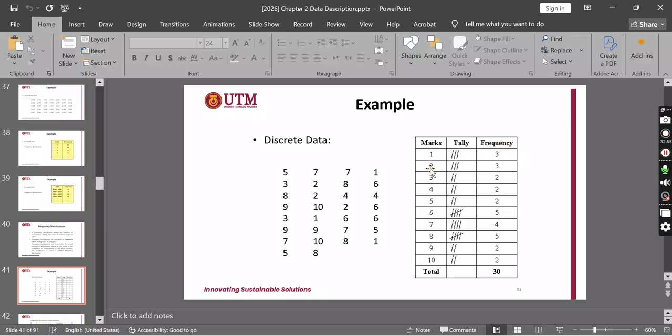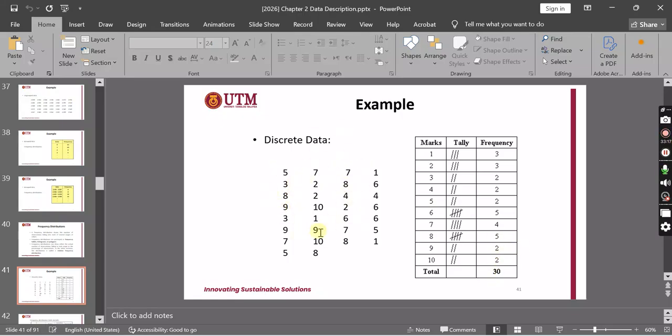How many 2s do we have? We have 3 twos. 1, 2, 3. Also 3. And so on for the other numbers. The total frequency we have is 30. If you count them, it will be equal to 30.